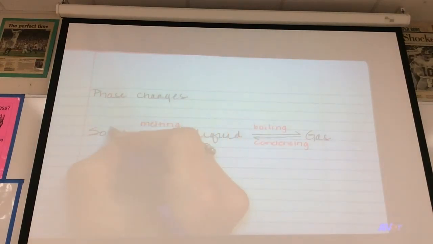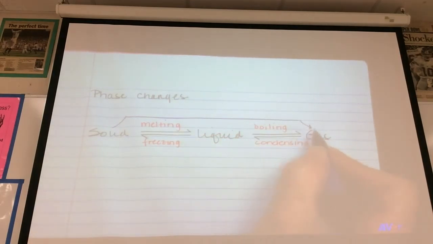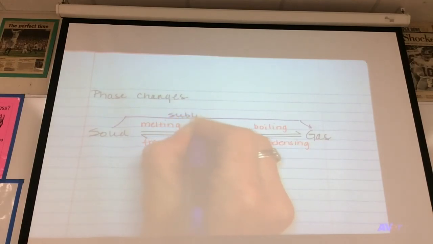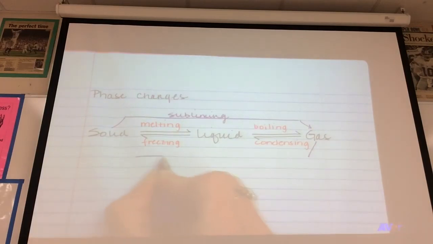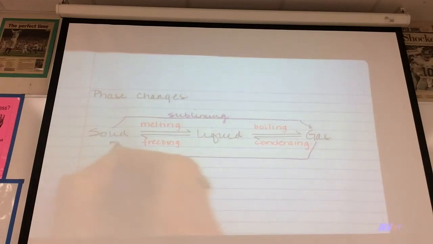You can go from solid directly to gas, that is known as subliming. And we'll take a look at sublimation. And you also can go from gas directly to solid, and that is deposition or deposing, how snowflakes are formed.